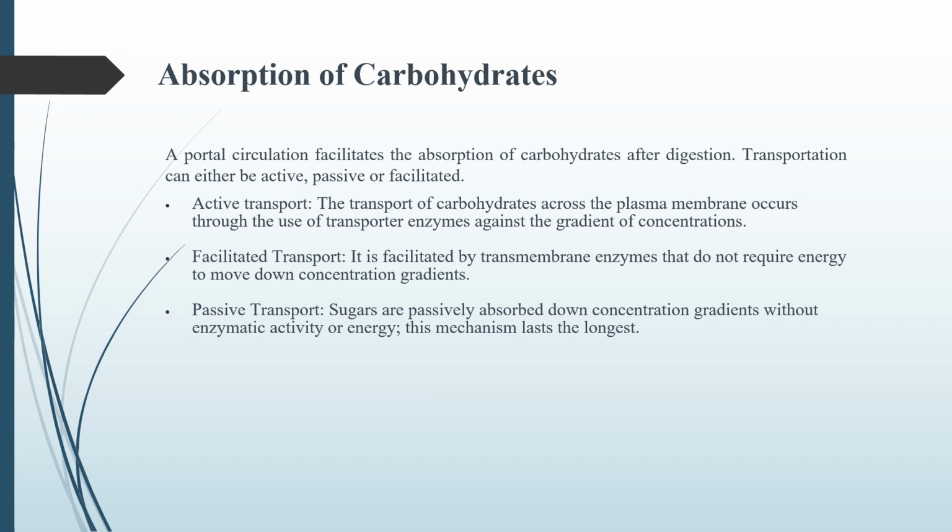Facilitated transport. It is facilitated by transmembrane proteins that do not require energy to move down concentration gradients. Passive transport. Sugars are passively absorbed down concentration gradients without enzymatic activity or energy. This mechanism lasts the longest.